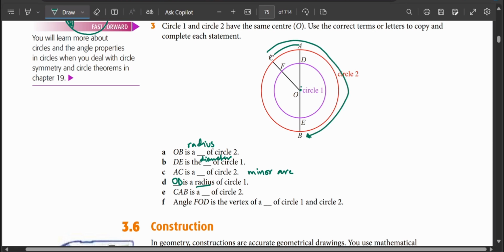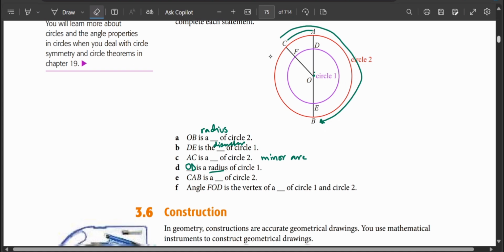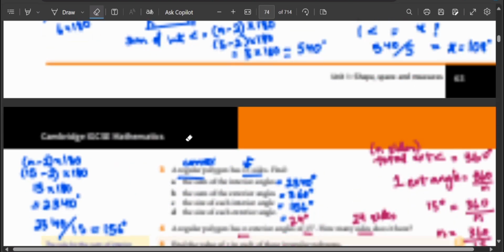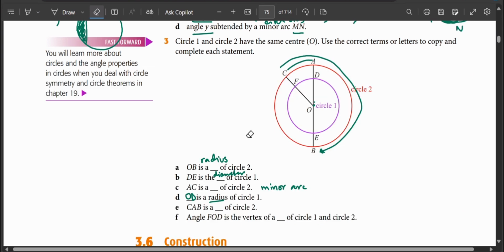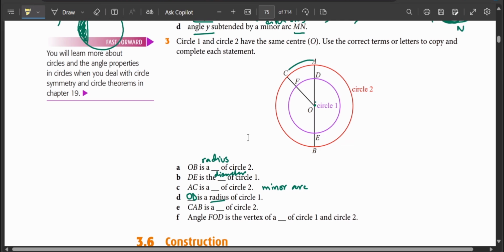What is this for circle 2? So what we are looking at, the space we are seeing, let me highlight that space so it's known to you that this is the point C to B. So we are talking about this entire path.